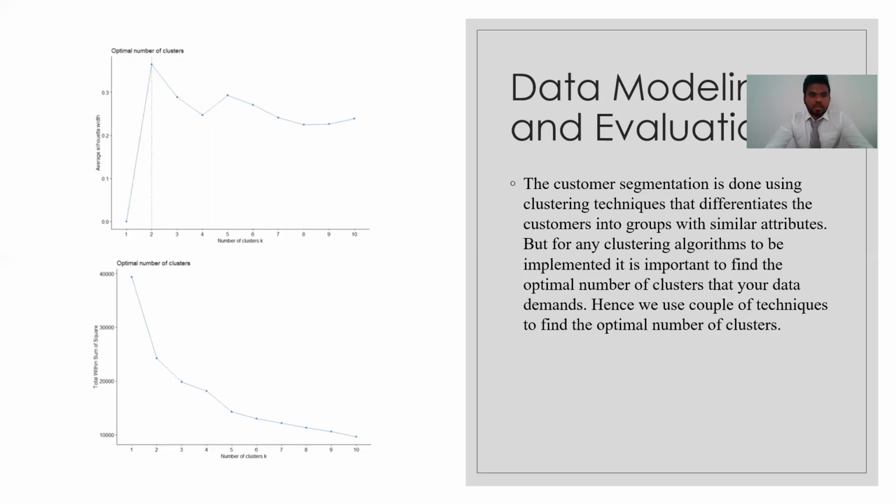So I used the silhouette method and the within sum of squares method to find the optimal number of clusters. What I observed is that the silhouette method gives me 2 as the optimal cluster count, and within sum of squares provides 3. I can go for 2 or 3, but within sum of squares, I feel 3 is the optimal number of clusters.